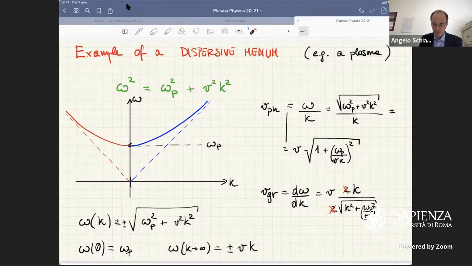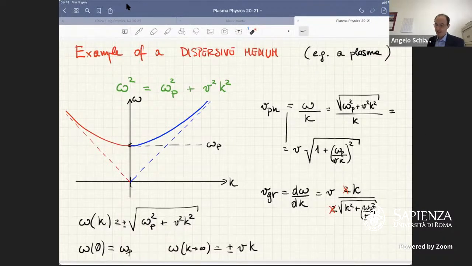But when we go to very long wavelengths or very small k numbers, then we see that the fact that the medium is dispersive shows up, and the speed at which the wave is transporting energy, for instance, progressively goes from the characteristic speed at large k, which is, let's say, the free speed of the wave, to approaching zero as we go to very small k.